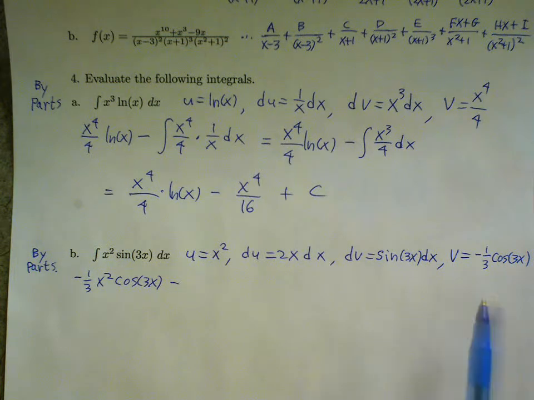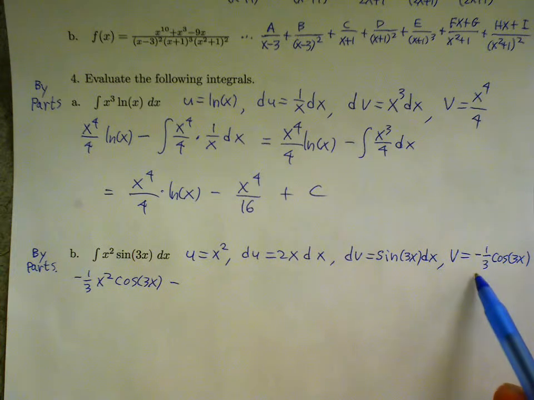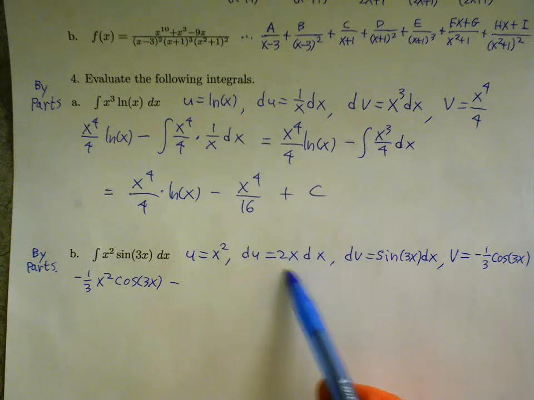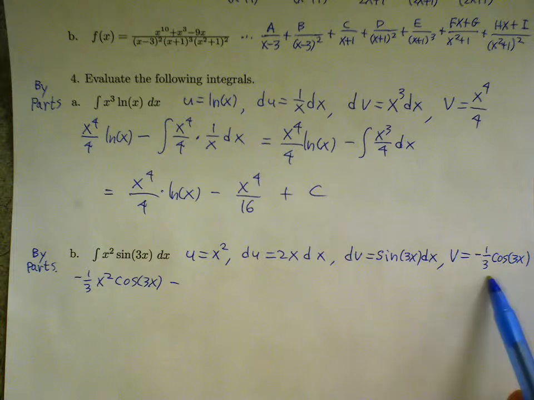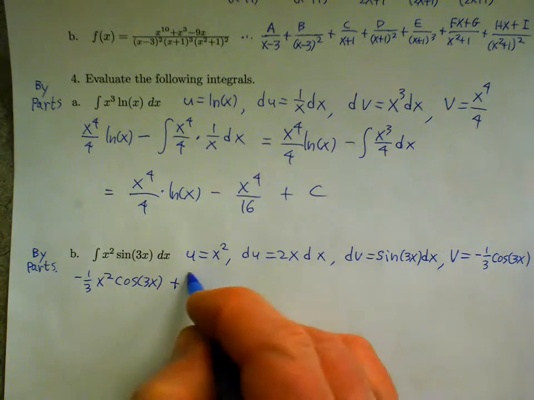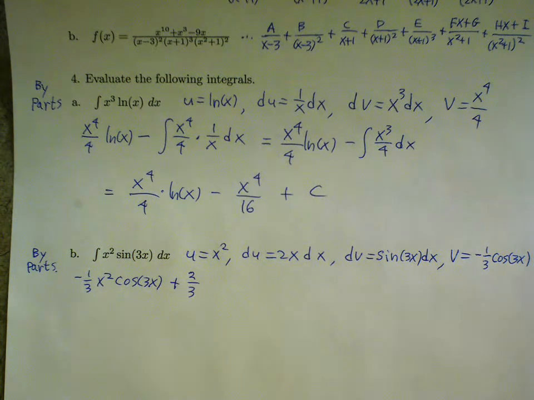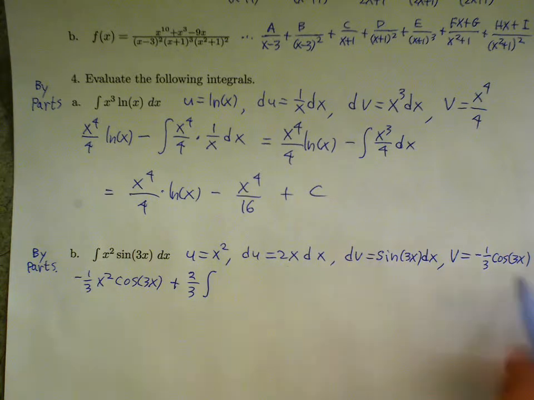And then minus the integral of v times du. So we're going to be multiplying 2x dx and negative 1/3 cosine of 3x. So we're subtracting a negative, so I'm going to write plus, and then the constant 2/3 I'll write in the front. And then the remaining terms inside the integral are 2x times cosine of 3x.